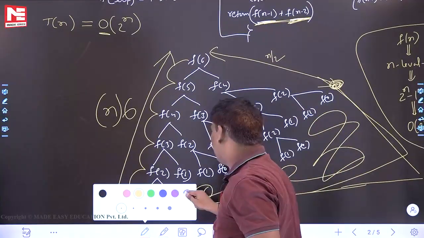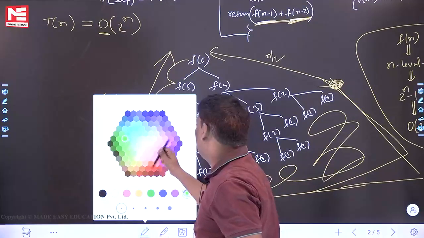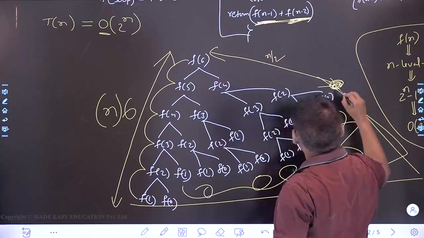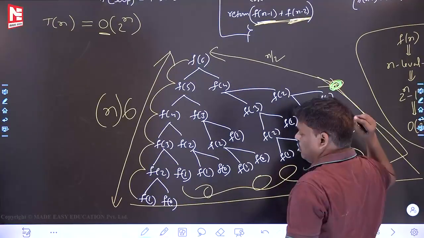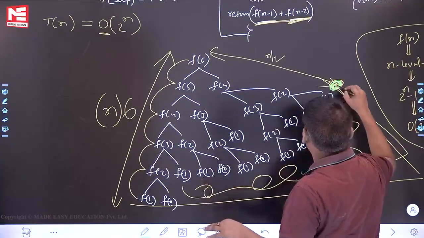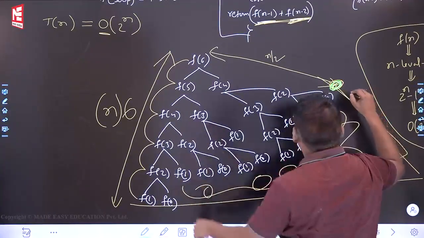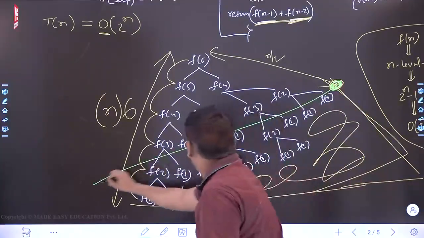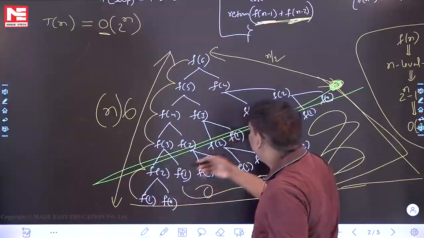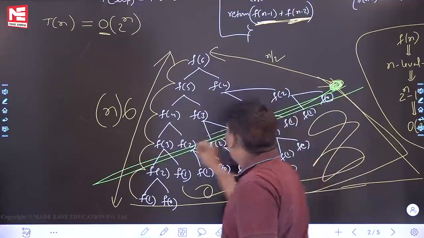Let me take another color. See this one. Left is n levels, right is n by 2. The right is stopped here only, but the left is going so many levels. Assume that both stop here itself. The right side is saying that wherever I stopped, you also stop.